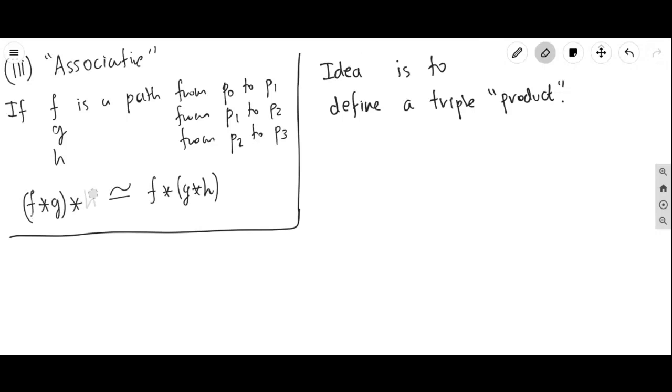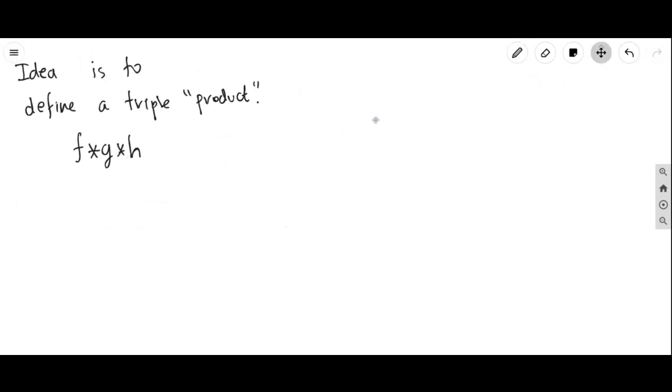You either combine these two and then combine that, or you combine those two and then combine that, and then you show the order in which you do it does not matter how you do the bracketing. But a triple product is when you combine three things simultaneously, which is not really what a product is. That's why I put it as a triple product in quotation marks. So the idea of Moncrief is to just define this F, G, and H triple product automatically, and then proceed from there.